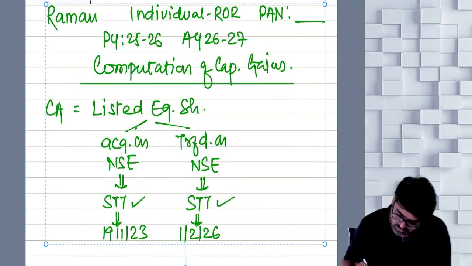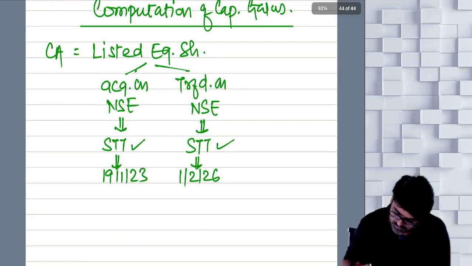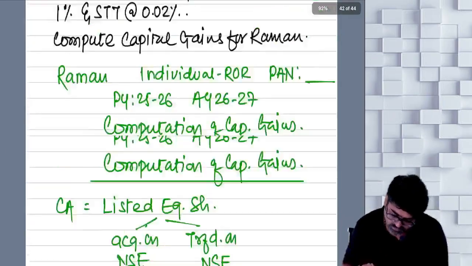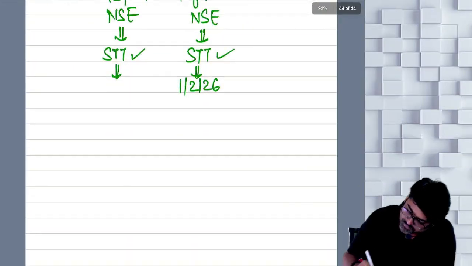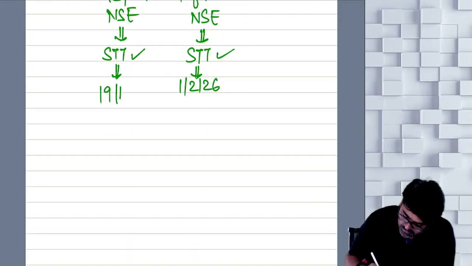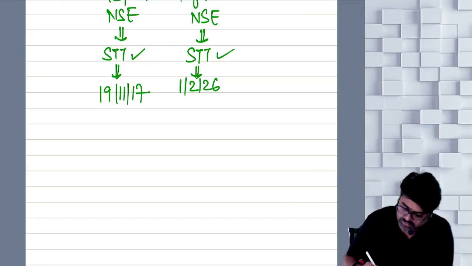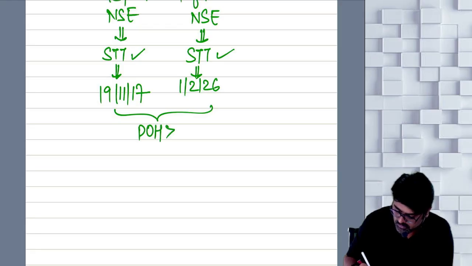Date of acquisition will now be 19th of November. So instead of 19th of January 23, it will be 19th of November 2017. So from here till here, the period of holding is still more than 12 months. Therefore, the asset is long-term capital asset.